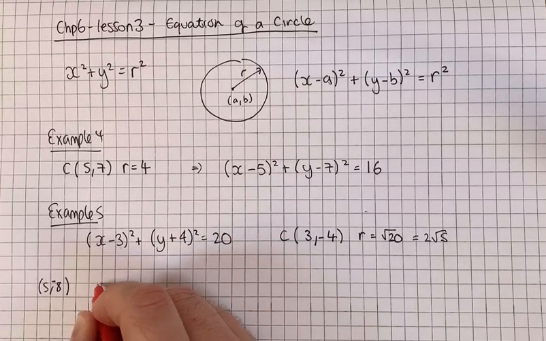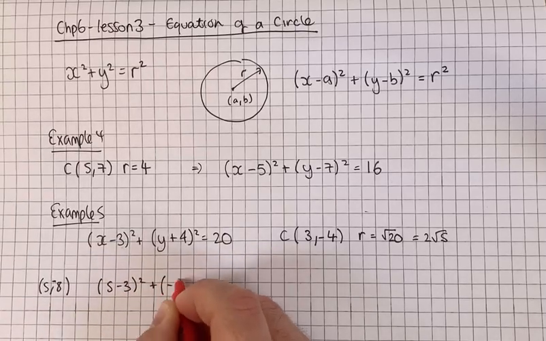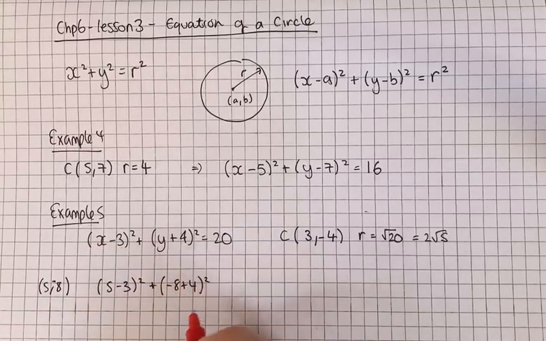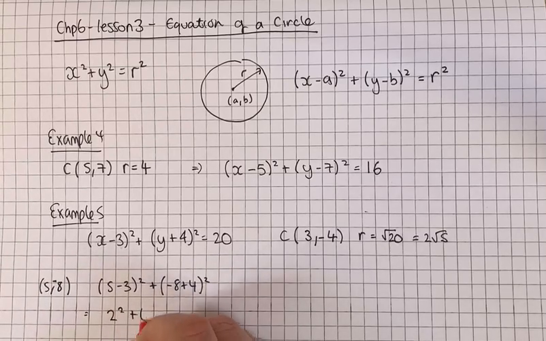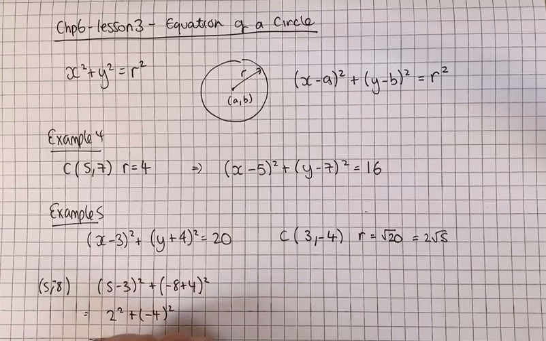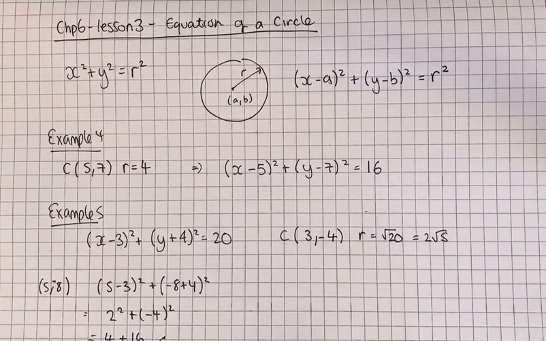So let's put in those coordinates. So if we do (5 take away 3) squared plus (minus 8 plus 4) squared. So that's going to be 2 squared plus minus 4 squared, which is 4 plus 16, which is 20. So a tick, that indicates that it proves that it lies on the circle. You can write a sentence, it's therefore (5, minus 8) lies on the circle.